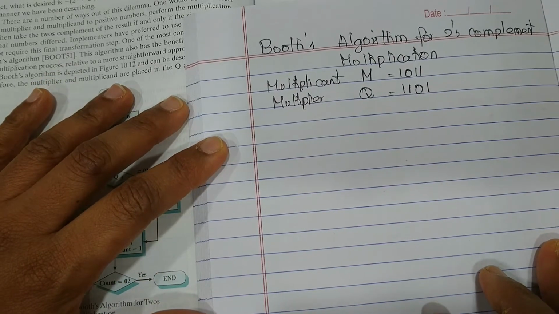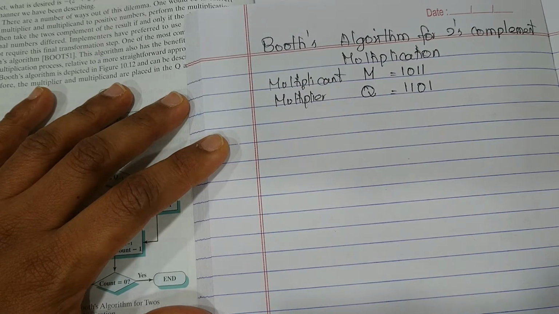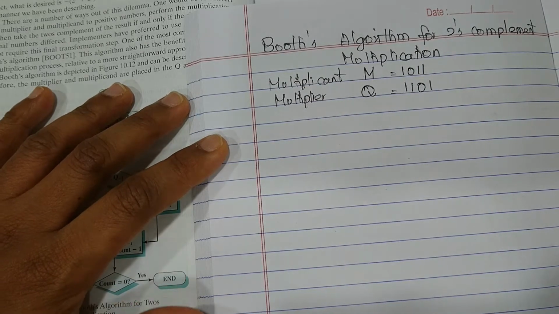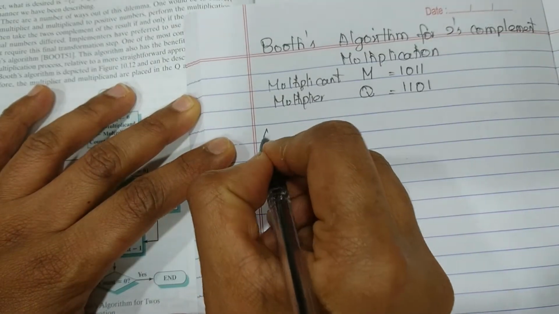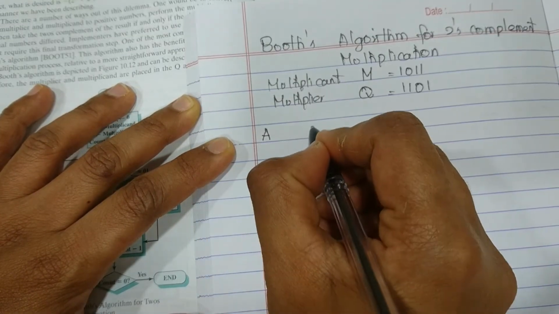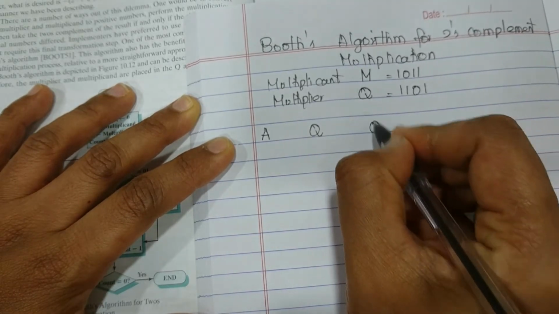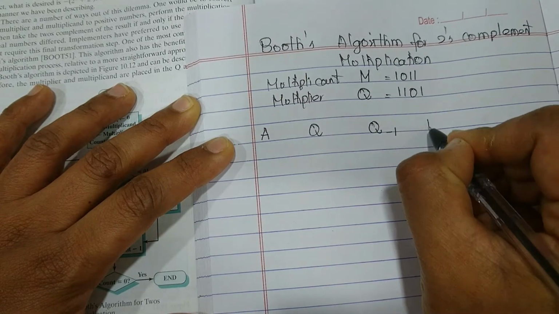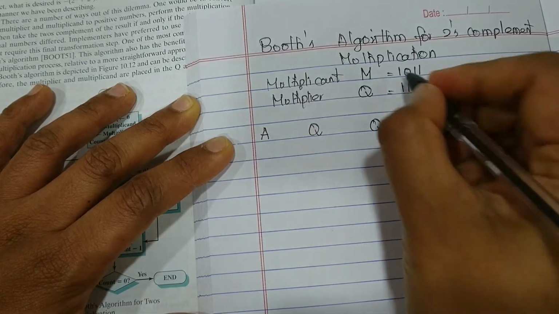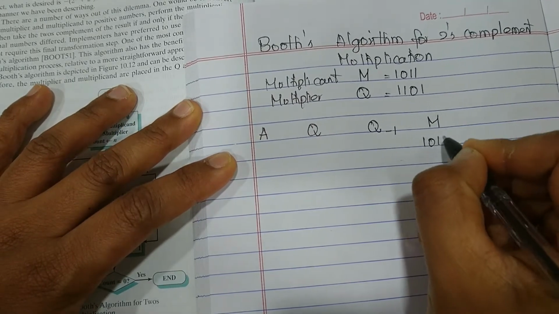So we will have certain registers here. What are the registers we are going to have? A, and then Q, and then Q minus 1, and then M. Q minus 1 is a 1 bit register; it will contain only 1 bit. And M is 1 0 1 1.